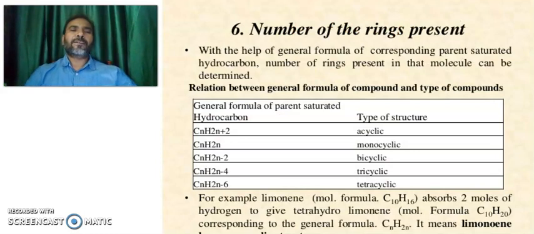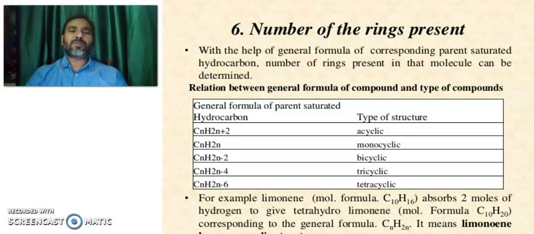So, the number of rings present: how will you find out? With the help of the general formula of the corresponding parent saturated hydrocarbon, the number of rings present in the molecule can be determined. You can see the general formula of parent saturated hydrocarbons and type of structure.